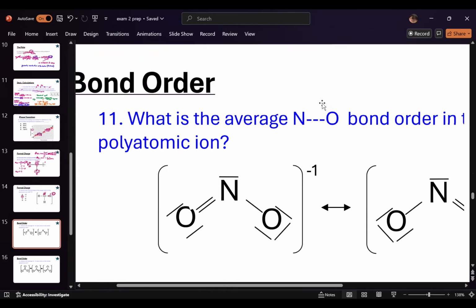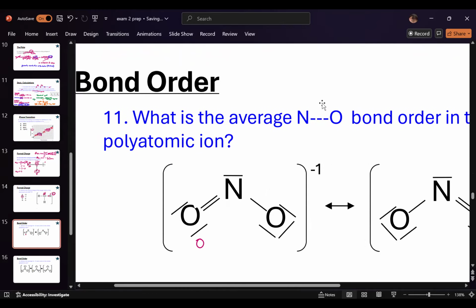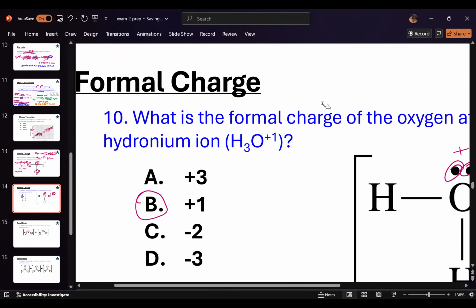So if you do calculate the formal charge, like I said, you see two lone pairs in an oxygen, immediate 0. For nitrogen, valence electrons is 5. 1, 2, 3, 4, 5, 0. Negative 1.